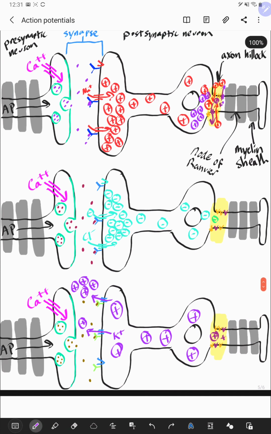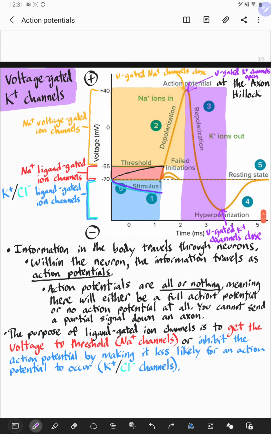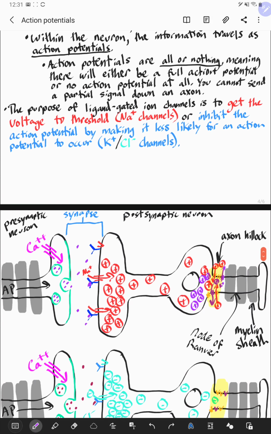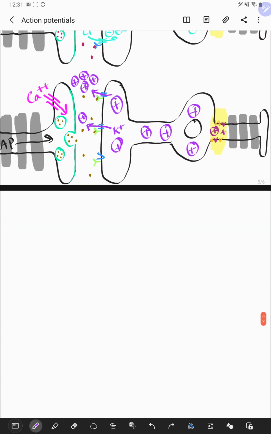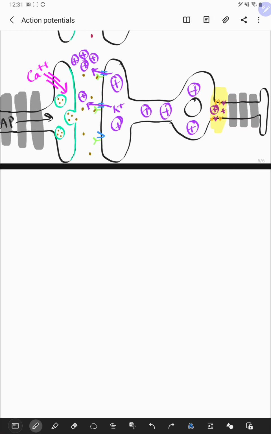All right, the last thing that I want to cover is that if we remember the anatomy of a neuron, let's draw that very quickly right here. We have the soma with the nucleus, and then we have dendrites, and they're going to connect to other neurons.